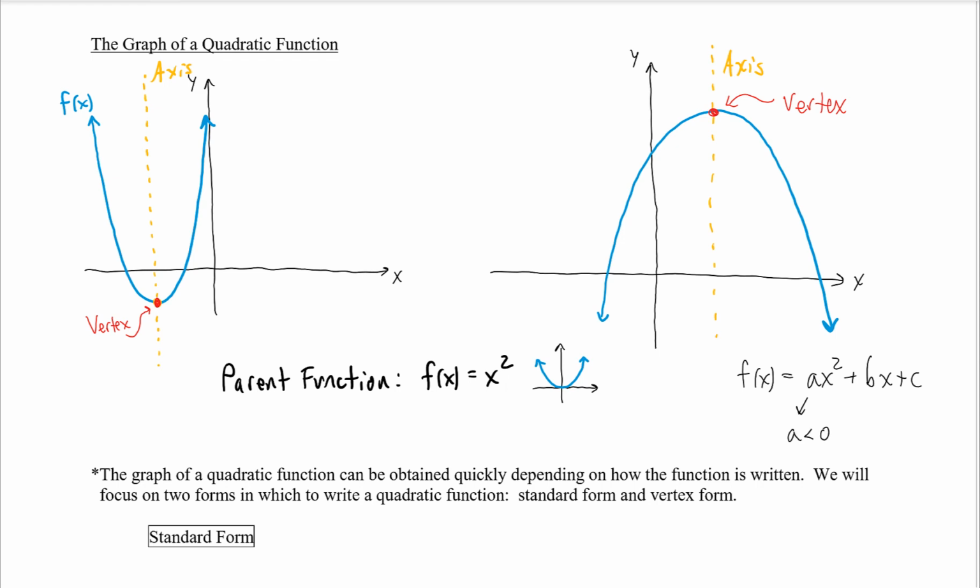As we know from our transformations, if that front number is negative, it flips the whole function over the horizontal axis. So that's how we'll know that it's going to open downward. Whereas for this one, if it's never flipped, then that front number, the leading coefficient, will still be a positive number.